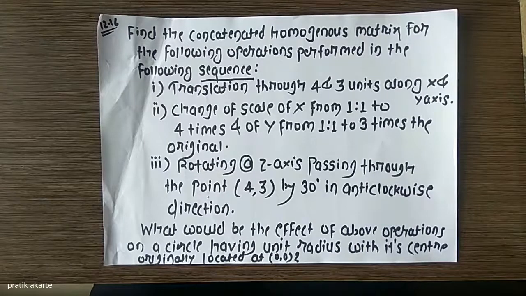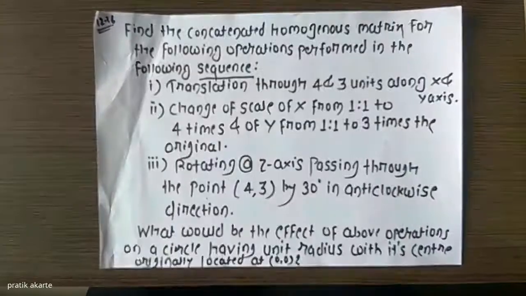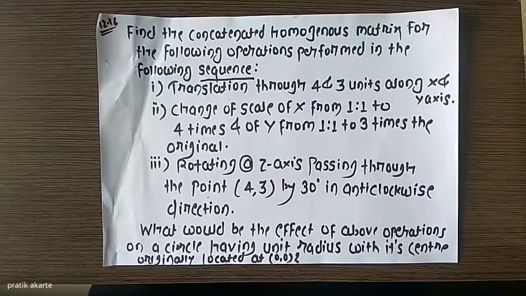That is the problem that we have to solve. So let us start solving the problem. If you are comfortable, you can directly go for all three transformations simultaneously to find the concatenated transformation matrix. But if you are not comfortable, then you can go one by one. So let us start the problem.